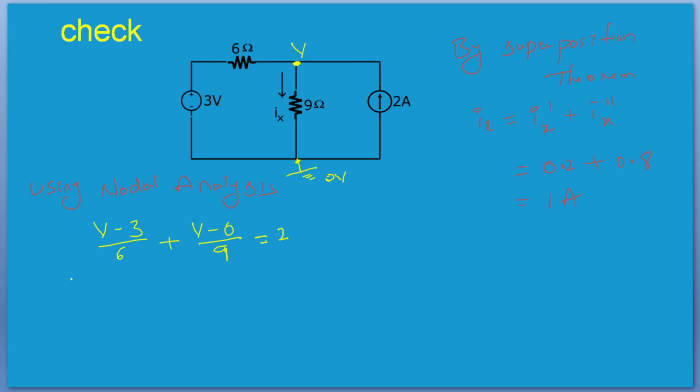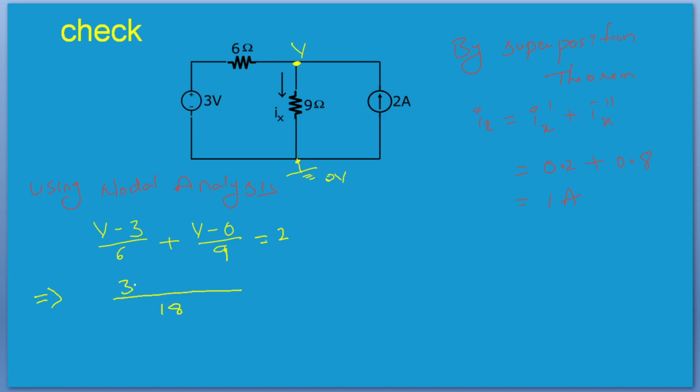If you simplify the above equation, what is the LCM here? LCM of 6 and 9 is 18.